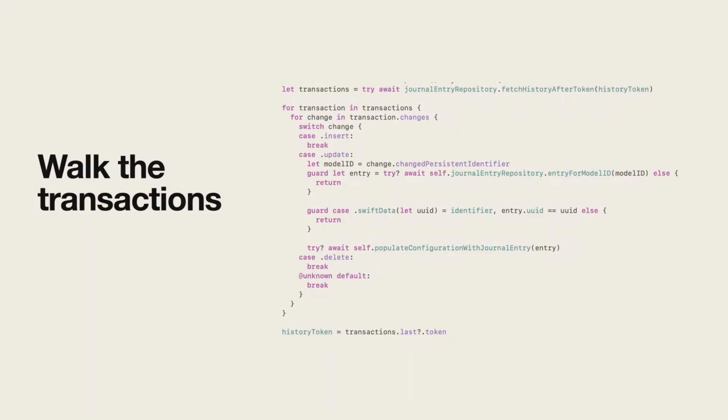Now, all of this is good in a very linear fashion, because with, say, your fetch results controller, Apple's underlying systems are telling your stuff, here's a bunch of updates.